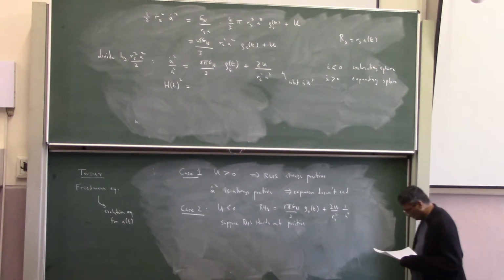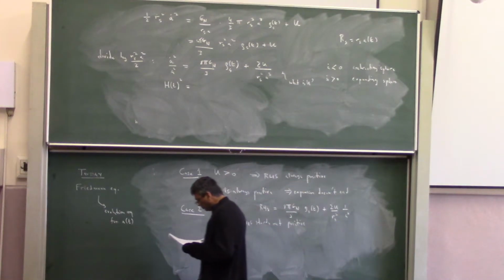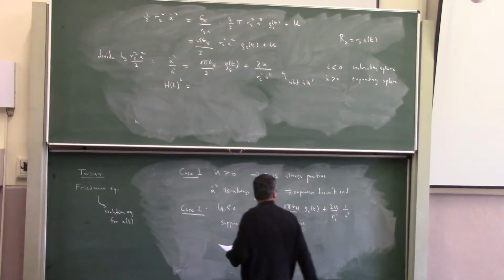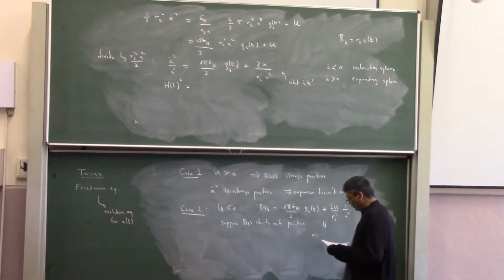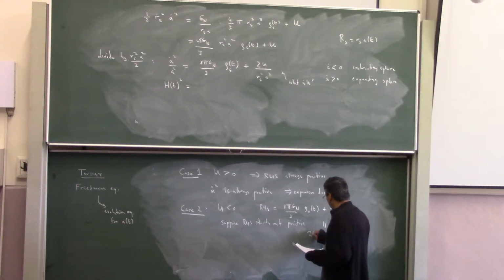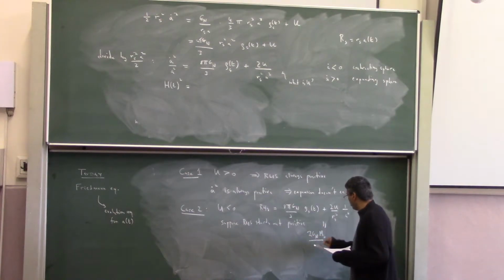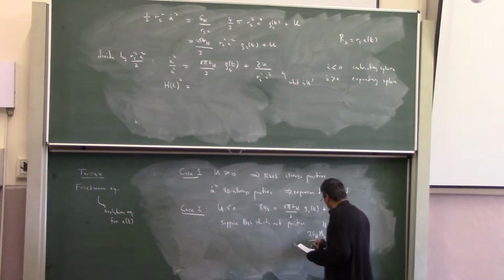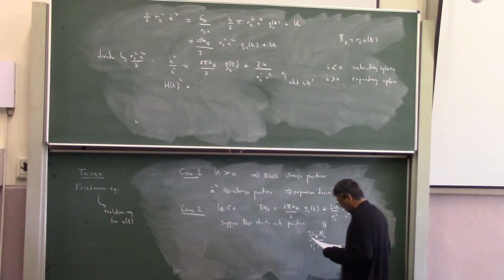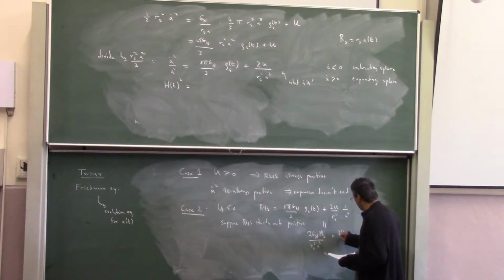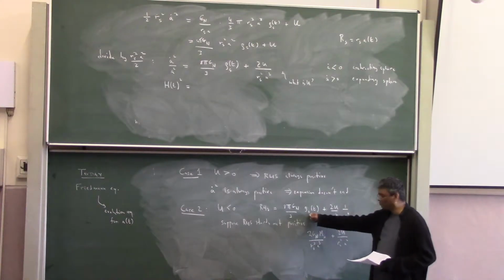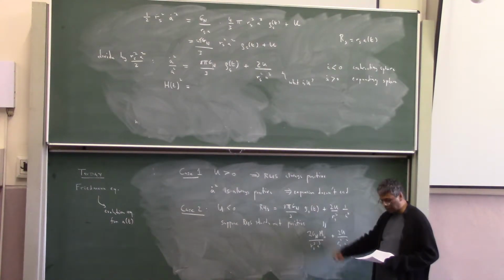We can write this right-hand side as 2 G Newton Ms over Rs cubed A cubed plus 2u over Rs squared A squared. All I've done is expand out rho as a mass over a volume.